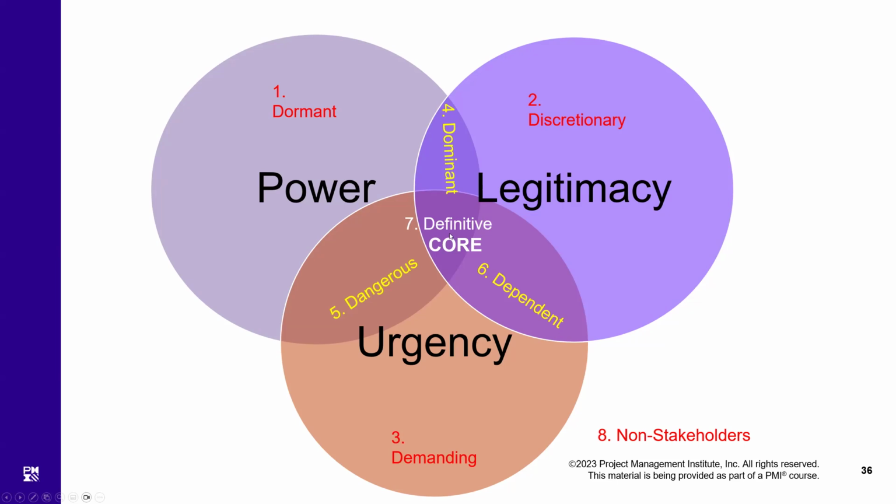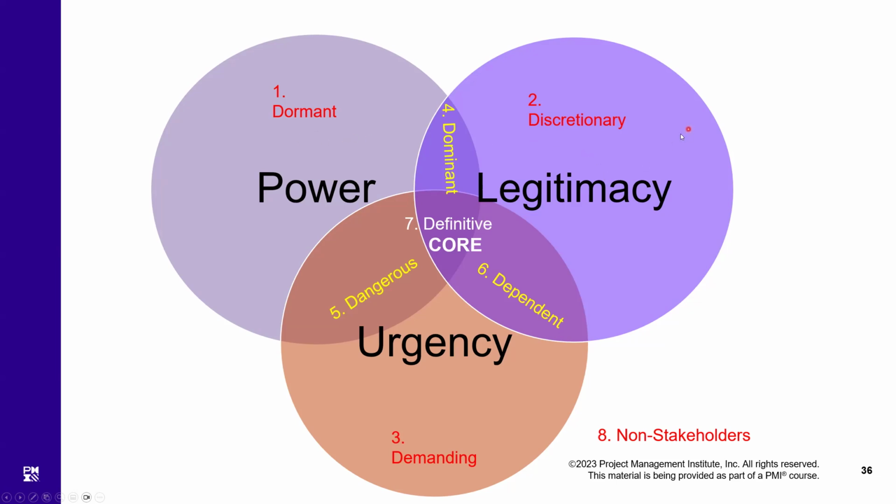First let's talk about the people who are only high in one area. That is 1, 2, and 3. One is they are high in power, and those who are high in power in this area are low in legitimacy and urgency. Such stakeholders are called dormant stakeholders.